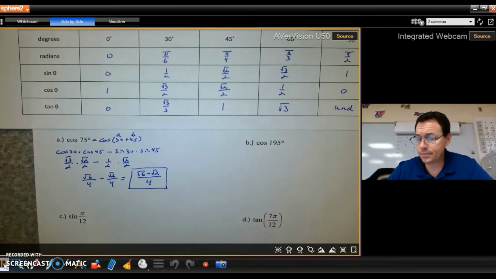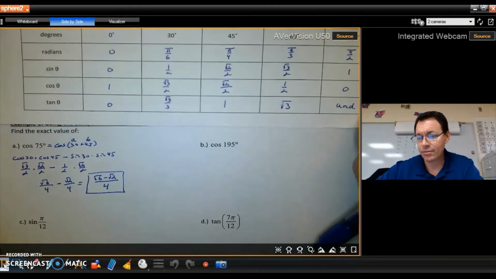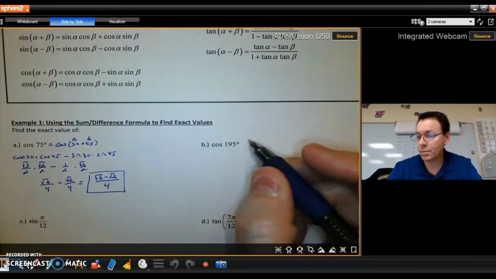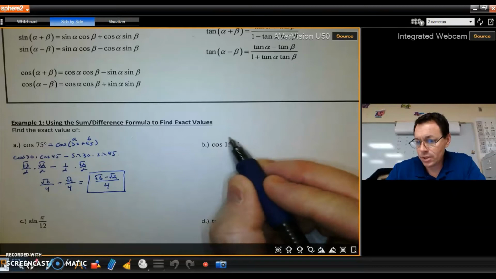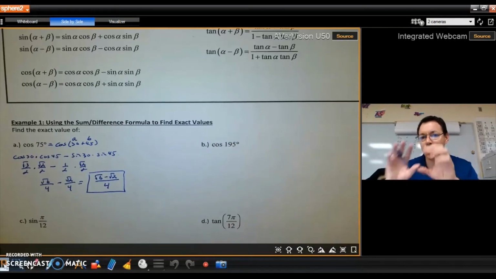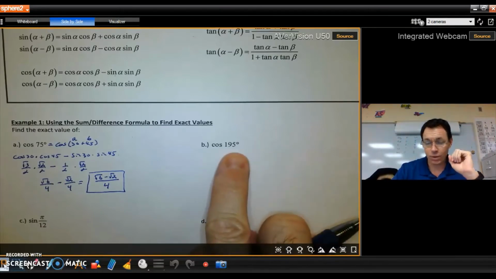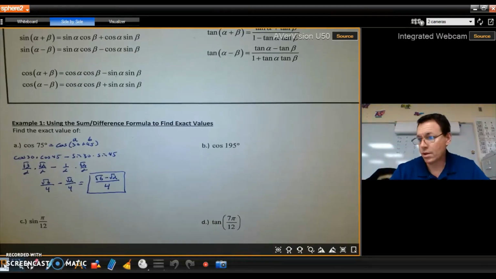Look at B. So B says, what is the cosine of 195? Now, for most of you, the trick or the hard part is going to be thinking of this in terms of two angles that add up to that number. And these two numbers that I'm going to split, 195 is not on our chart, they have to either be on our chart or have reference angles that are on our chart.